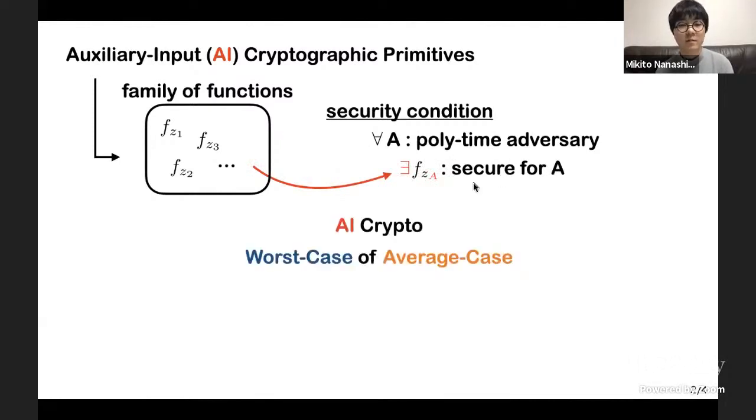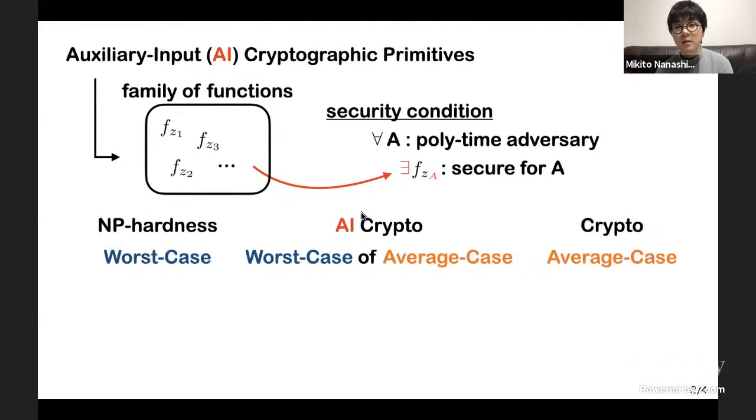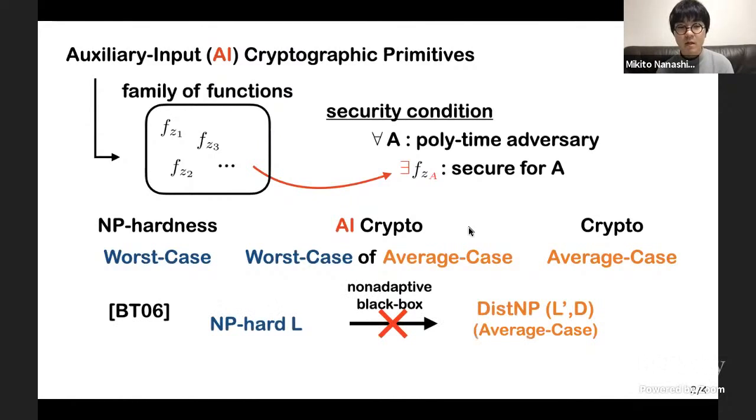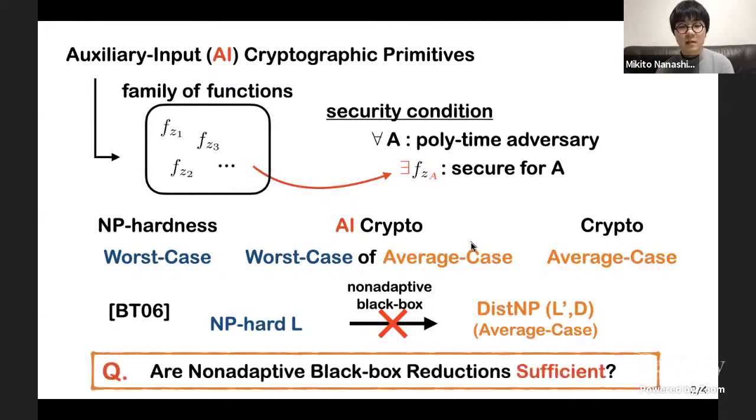This is a very natural intermediate model between usual worst-case hardness and average-case cryptography, and breaking such auxiliary input cryptographic primitives can be formulated as a kind of worst-case-over-average-case problem. That's why we cannot directly apply the previous work on non-adaptive black box worst-case to average-case reductions to this case. So the important question is, if we try to get such intermediate cryptographic primitives, are non-adaptive black box reductions sufficient? We address this issue in this work as a first step for such a study on intermediate primitives.